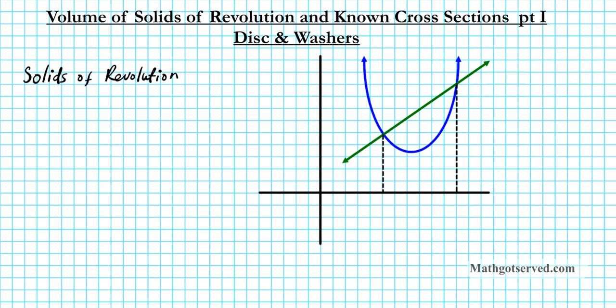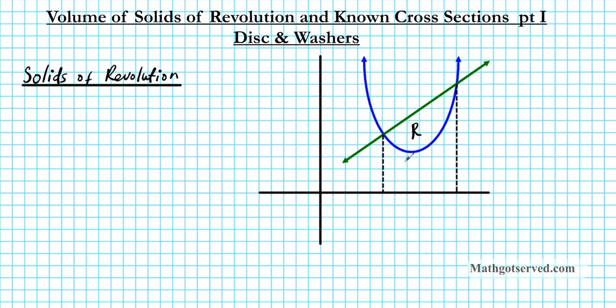All right, so what we are going to be looking at is a situation where we're going to be rotating this region right here. Let's call it R, this region bounded by these two curves. We're going to be rotating this region around some lines.